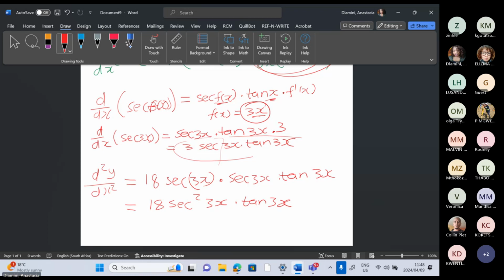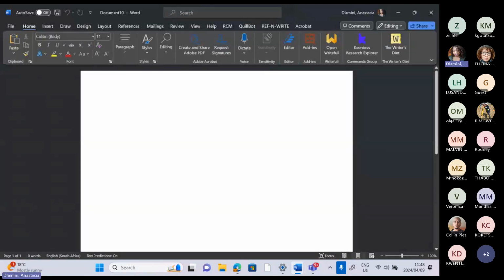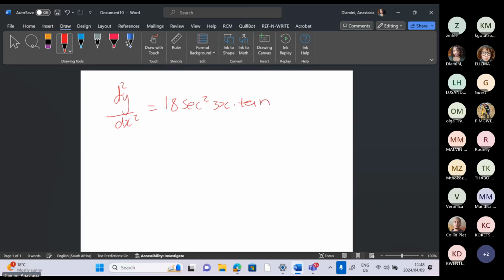Now, okay, let me make a new page. So we said the second derivative, d squared y over dx squared, is equal to 18 sec squared 3x times tan 3x. What do you think we can do from here?